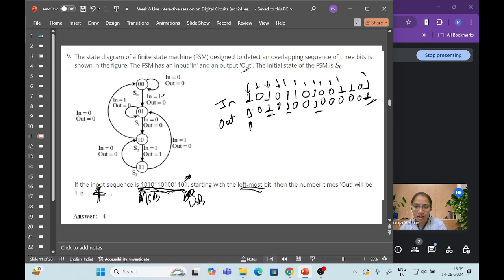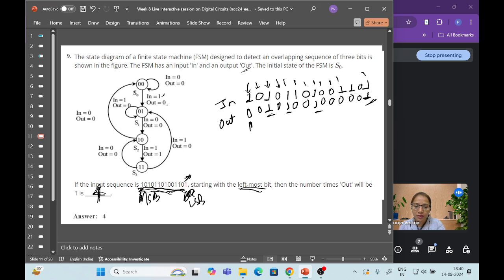That's why I have noted it here, because by tracking these outputs we are able to count how many times the out will be 1. So just go through the input sequence and move with it. When in is equal to 1, out is equal to 0, just note that down.